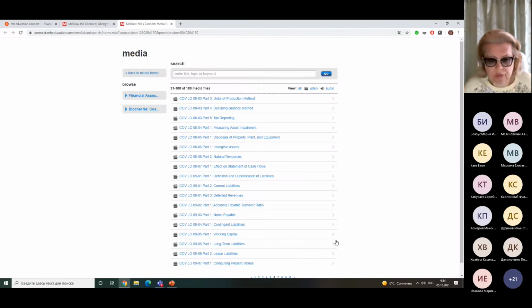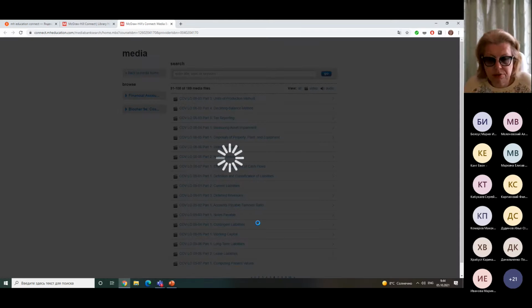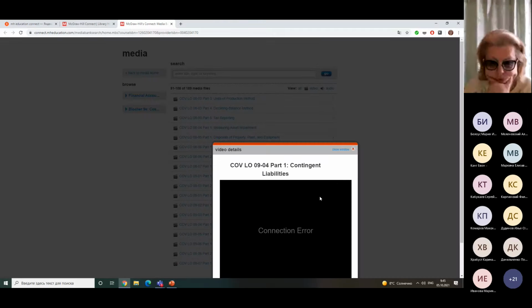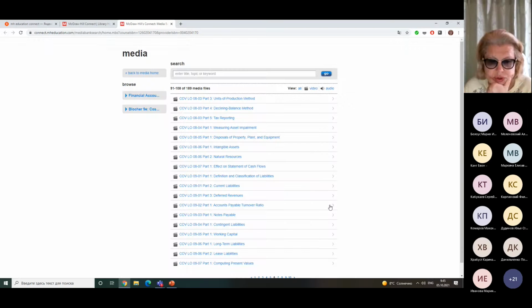And also let me try to open contingent liabilities. So maybe we can find them. So now for contingent liabilities, it is also a connection error. It is also a connection error.